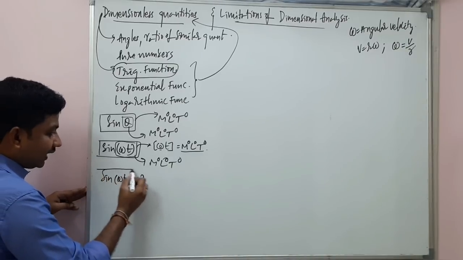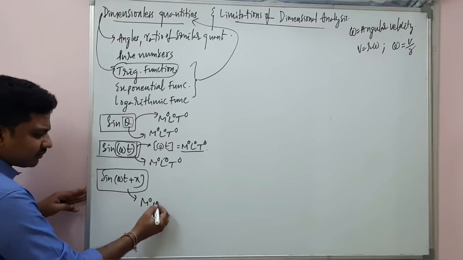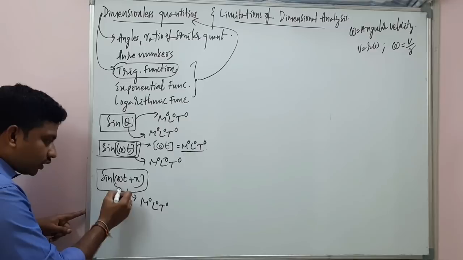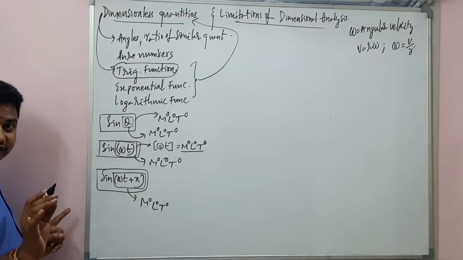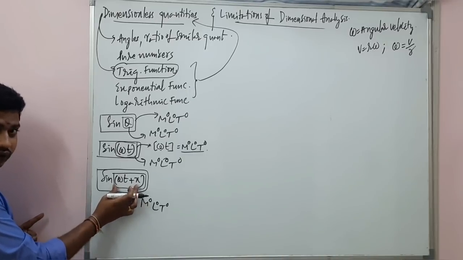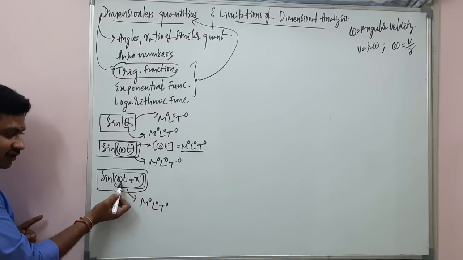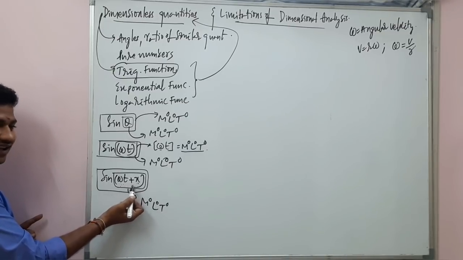So the complete trigonometric function will not have any dimensions, M0 L0 T0, and this angle will not have any dimensions. Right? Angle will not have any dimensions. So this part will not have any dimensions. But there is an addition going on between two physical quantities.